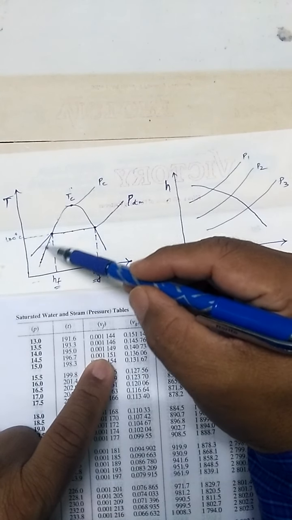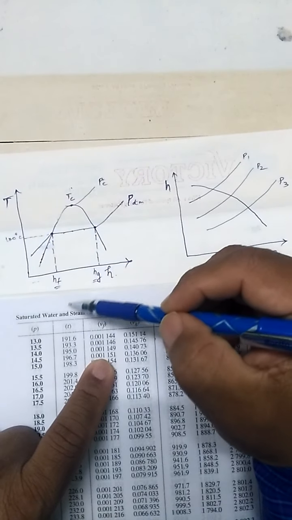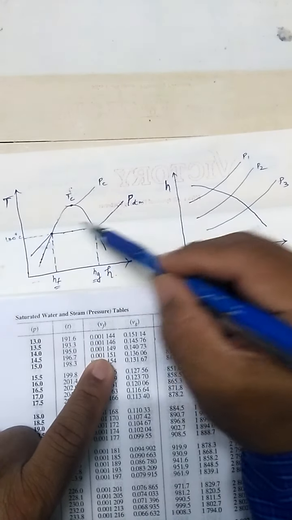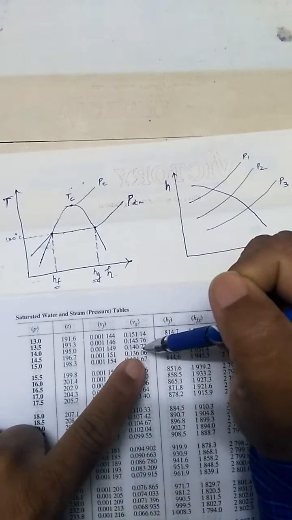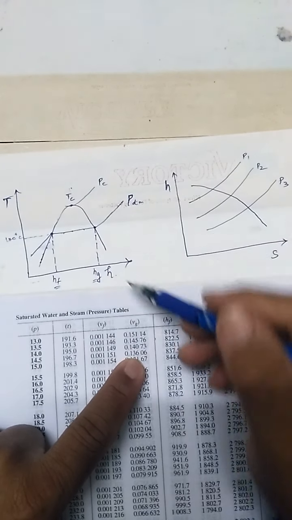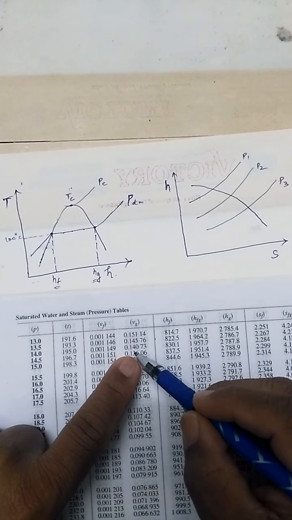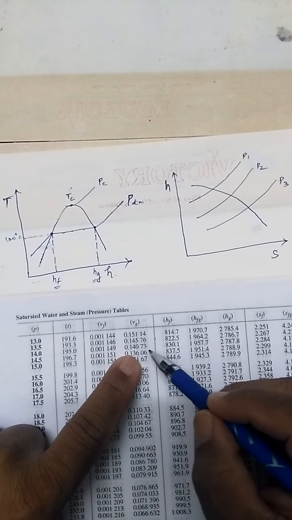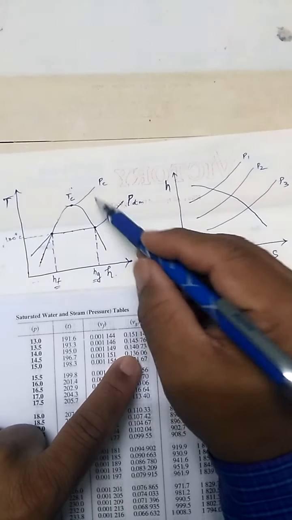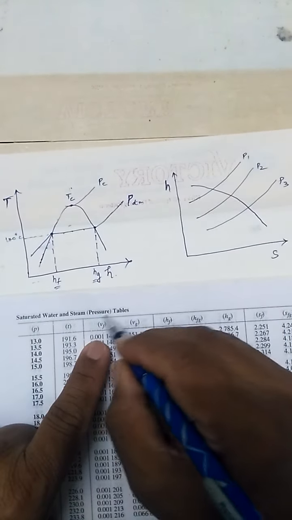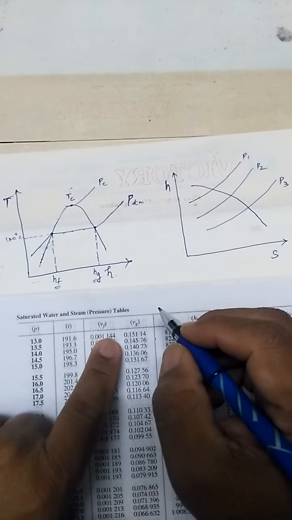And up to this point we get the Vg value, 0.14073. I am talking only about the specific volume here.